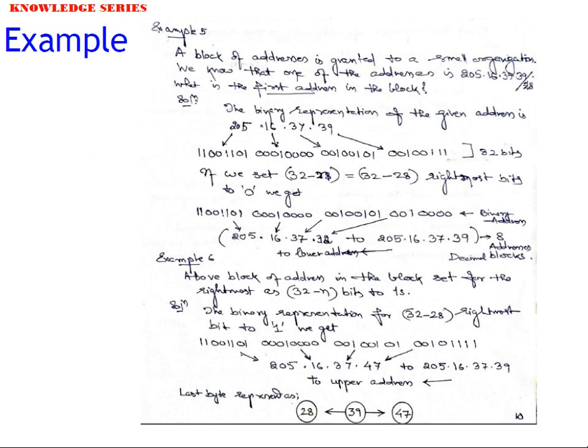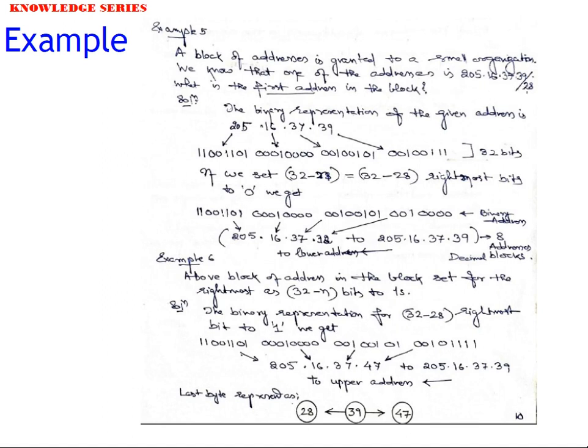It is showing a decimal value of 28, so 28 bits are indicated by the slash 28. What is the total number of bits in an IP? 32.